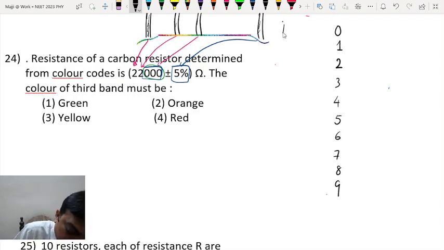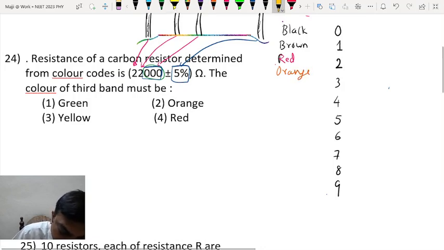Then 0 stands for black, then you have brown, then red, then orange, then yellow. Red denotes 2, orange denotes 3.